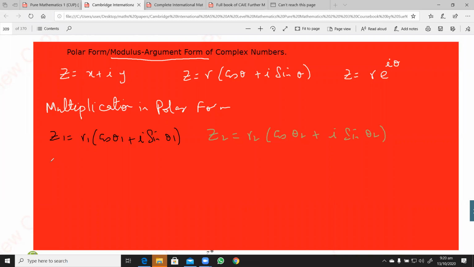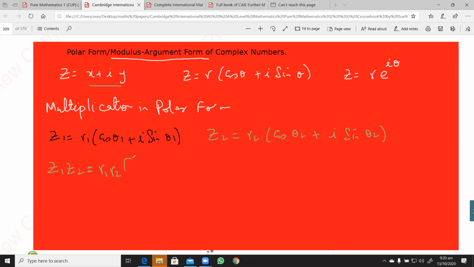When you multiply these two complex numbers, you will not have to multiply them like we normally do. The product's modulus would be the product of the moduli of these two complex numbers, that will be r1 r2.